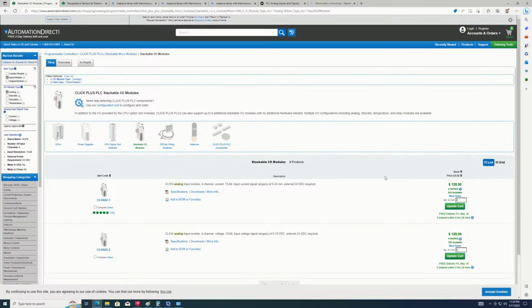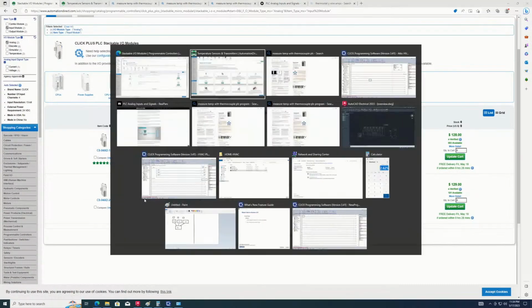Okay, it's voltage. Wonderful. So we need this 482.